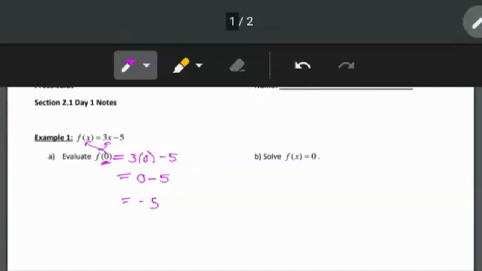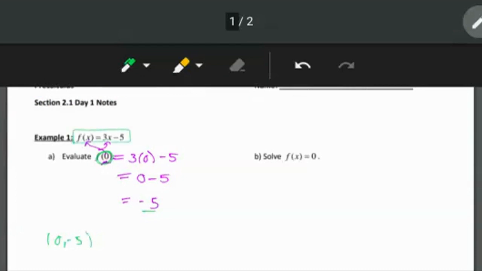The whole point of this, though, is to kind of understand what answer you just got, what that answer means. All right, so with function notation, it really tells us a point. We plugged in a 0, we got out a negative 5, so it's telling us that 0, negative 5 is a point on the graph of f of x. So let's go back up to f of x right here.